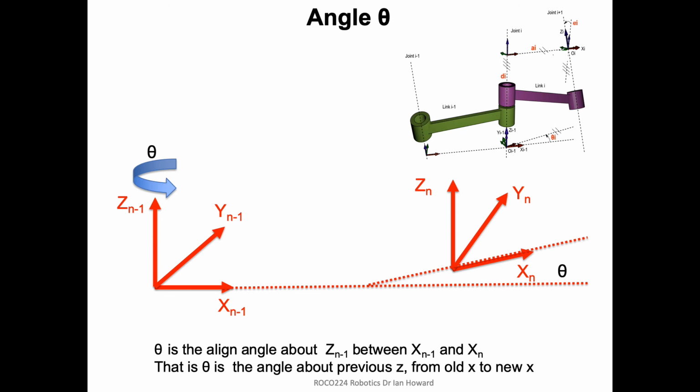This is the thing that the mechanism is changing in order to actually get the robot to do something. On the other hand, link length is the length of the bit of metal or whatever you're using. And alpha is something built structurally into the mechanism normally, and you can't change it as a control. Right, so that's basically the alignment. The theta aligns the x directions of the frames.